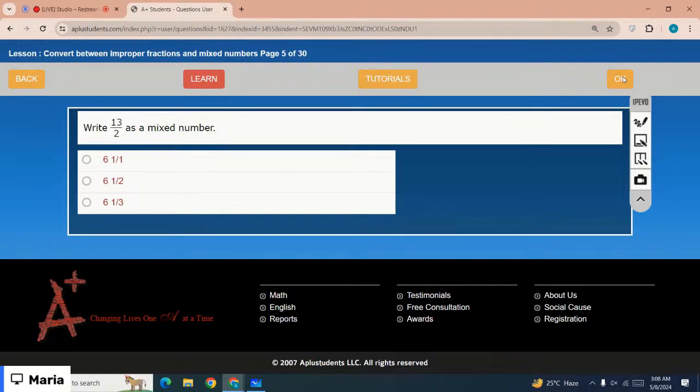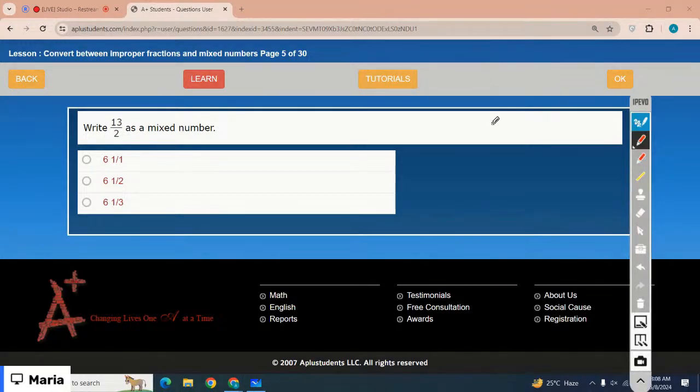Write 13 by 2 as a mixed number. So how do we write? You have to simply divide 13 by 2, right? Just divide by long division method. 2 times 6 is 12 and 13 take away 12 is 1. You have the remainder 1. That is the whole number, that would be the numerator and that would be the denominator.